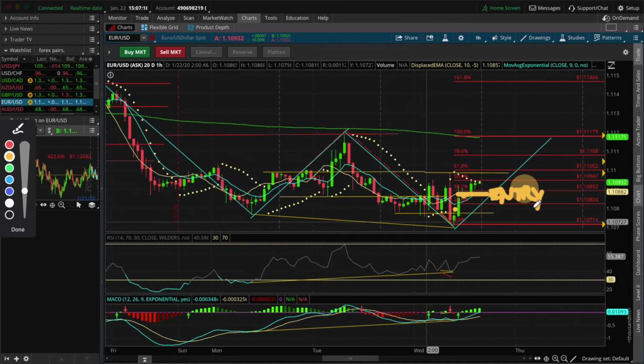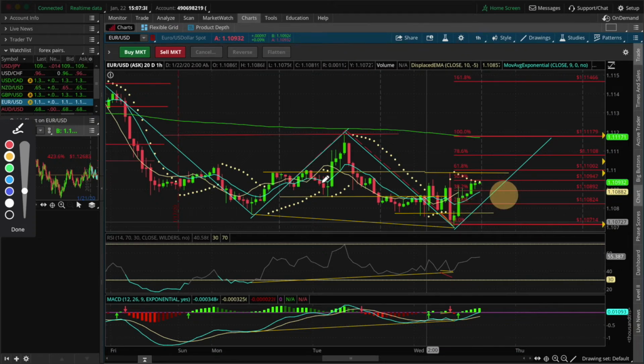You place an entry position right there, and then you set your take profit, and of course your stop loss down here somewhere. We'll get into stop loss and all that, but essentially that's a good tip.